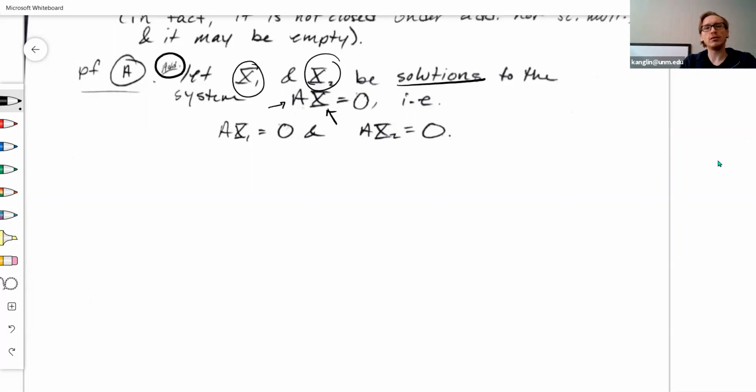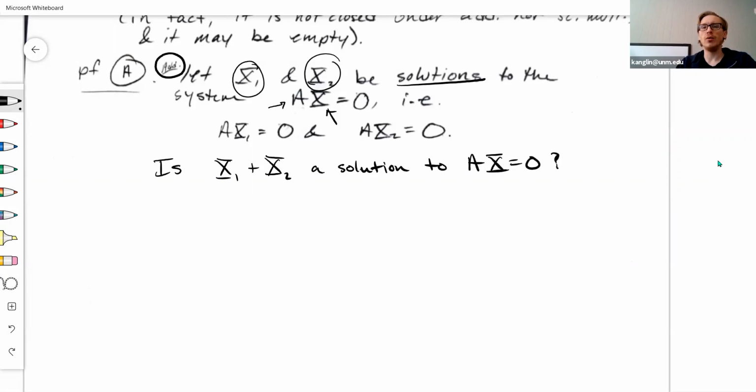So let's see. Is the sum x1 plus x2 a solution to the original equation? Well, we can figure this out pretty easily. In order for this to be a solution, plugging it in for x would have to leave a true equation.